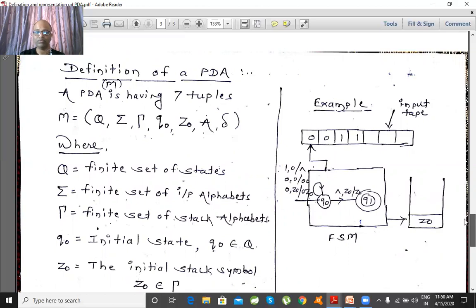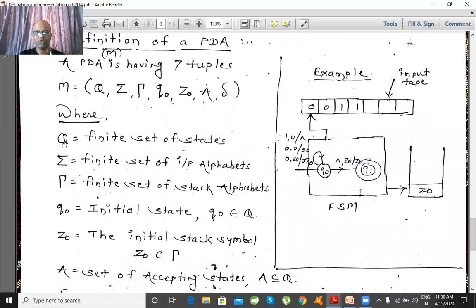So if you look back to this definition, Q depends on the total number of states I should have in this finite state machine. So these are a finite set of states. Sigma is the input alphabet you work on. Gamma is the finite set of stack alphabets.